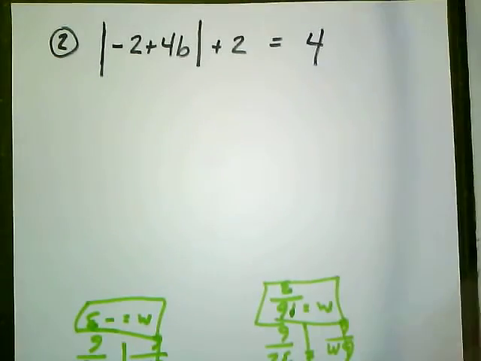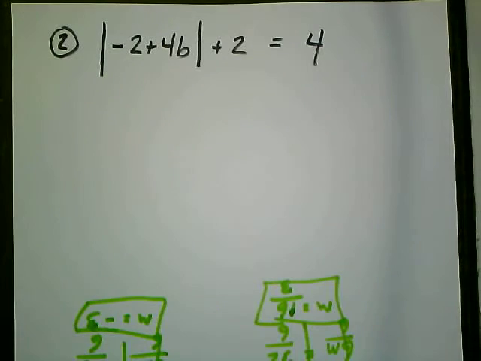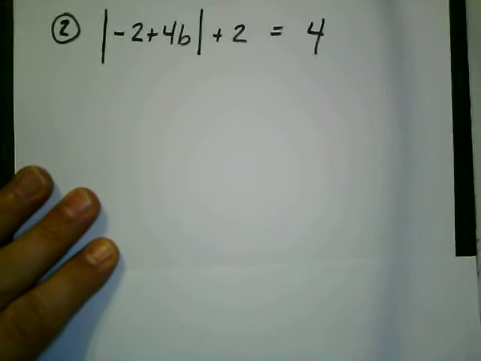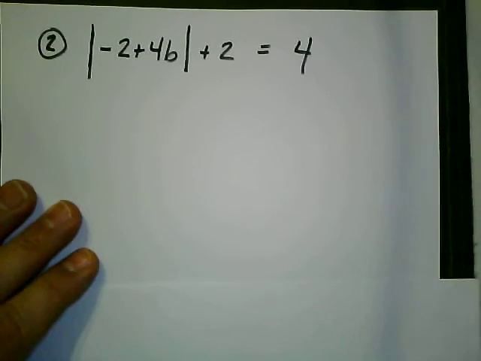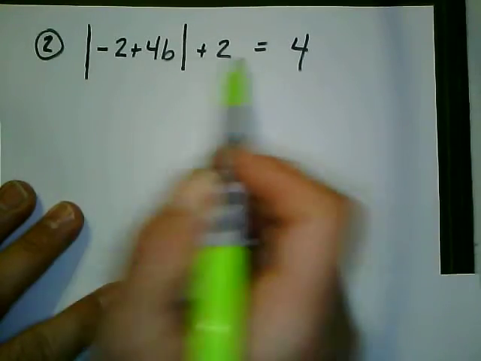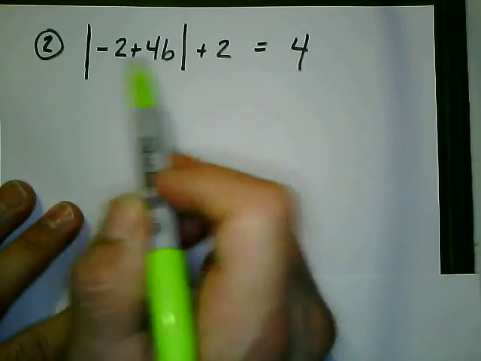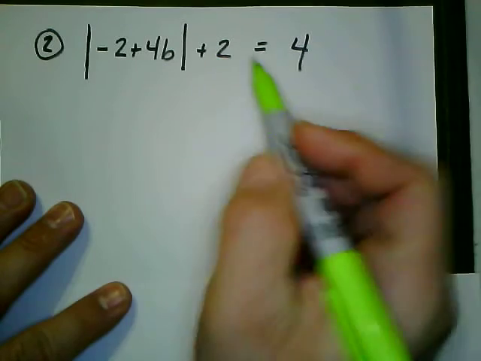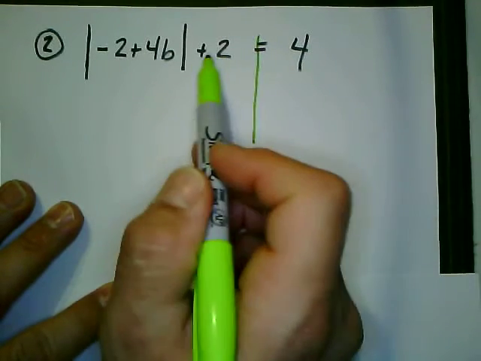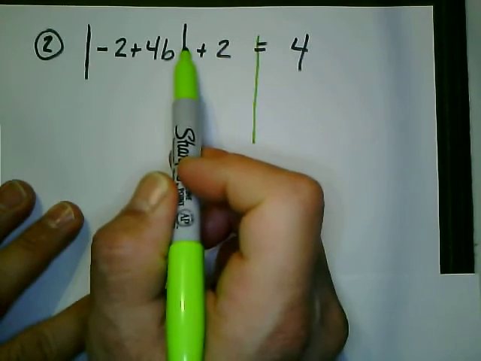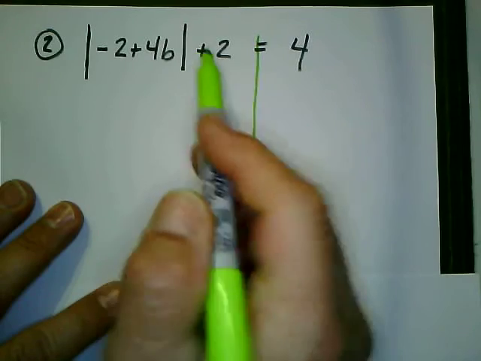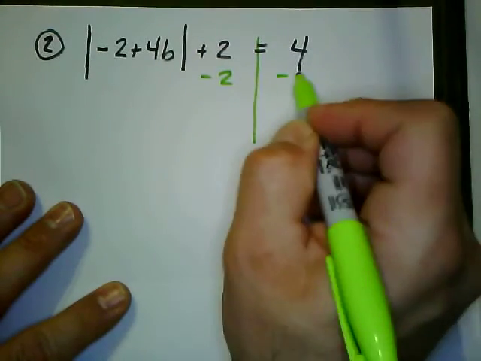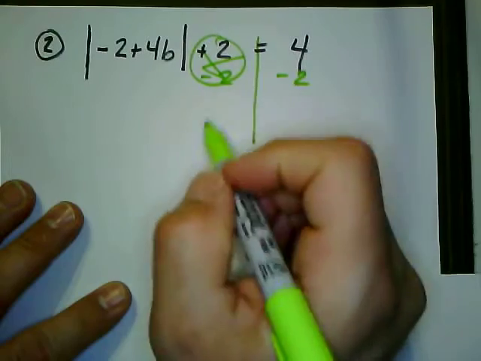Let's go ahead and look at the next one. So once again, we have the absolute value part, but we have something right there. But this is not attached to it. It's got plus. So we simply subtract it, just like we do in any of our equations.